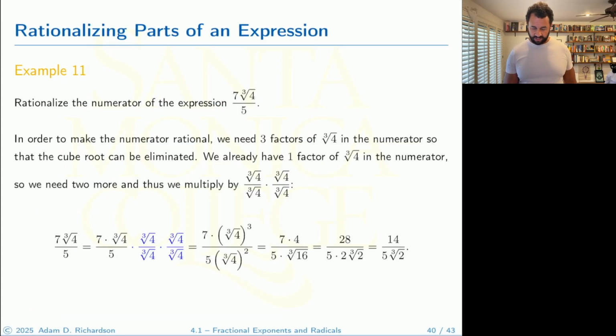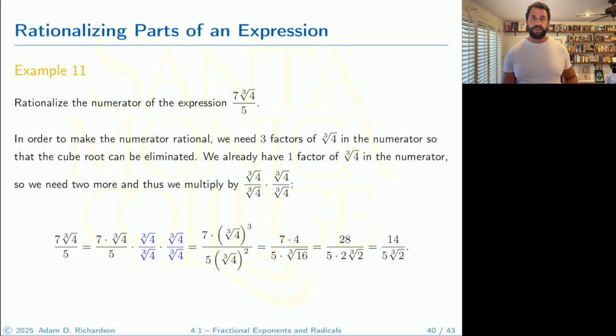You have to multiply by enough factors to get the index number of factors. So when we multiply by the cube root of 4 over itself twice, in the numerator you're going to get 3 factors of the cube root of 4.